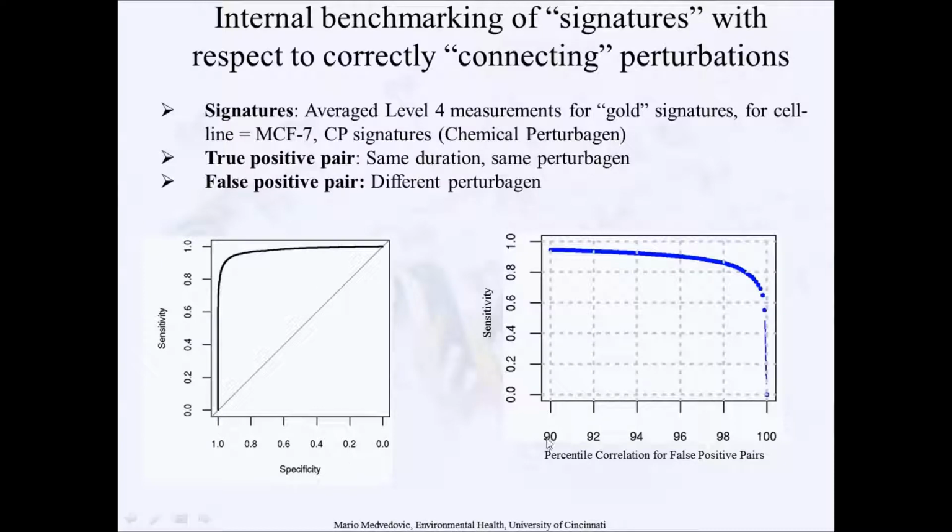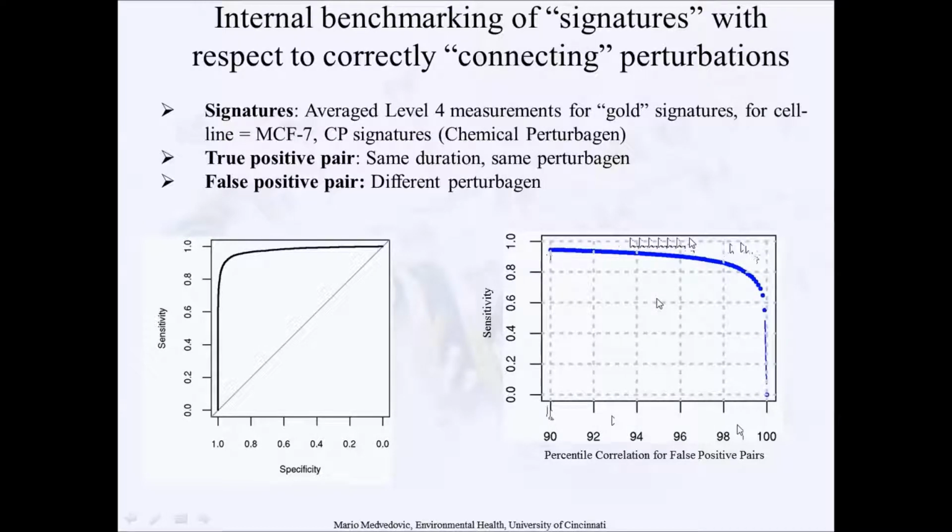So we are looking at the 90th percentile to 100th percentile of false correlations for false positive pairs, and then looking at the true positive rates corresponding to these false positive rates, where on the y-axis we construct just the proportion of all true positive pairs that had correlation higher than the corresponding percentile of false positive pairs.